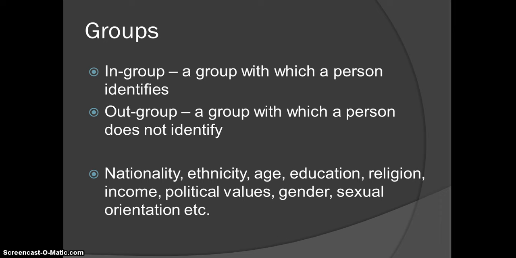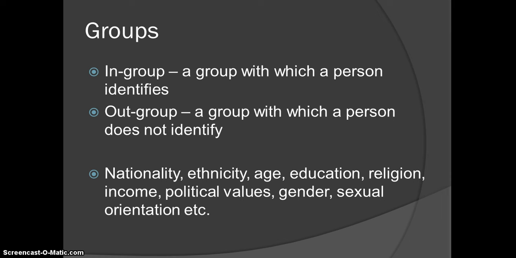An in-group member is a group member with whom a person identifies, whereas an out-group member is a group member with whom a person does not identify. And it can be any type of group division: nationality, ethnicity, age, education, religion, income, political values, gender, sexual orientation, etc.